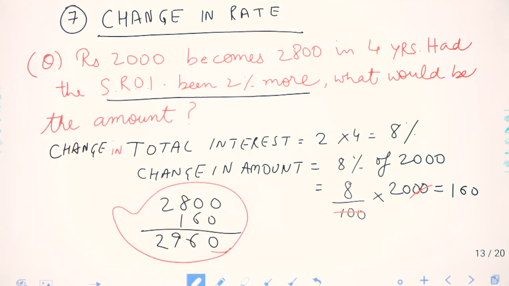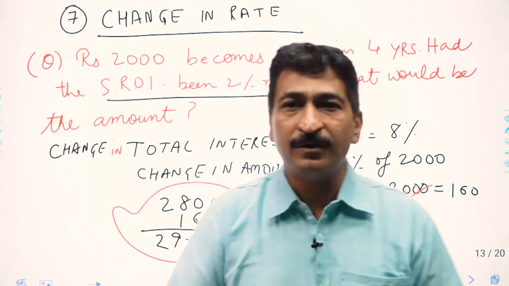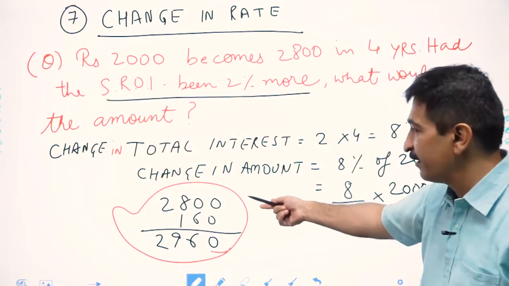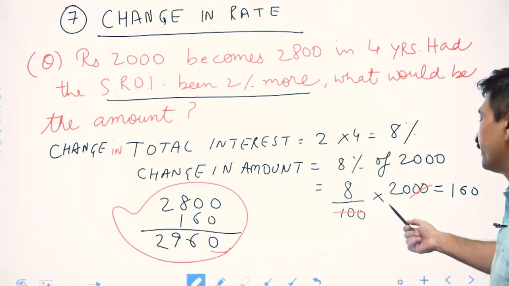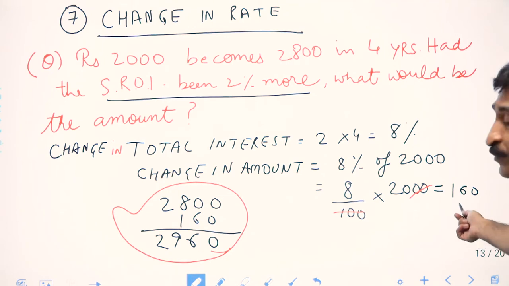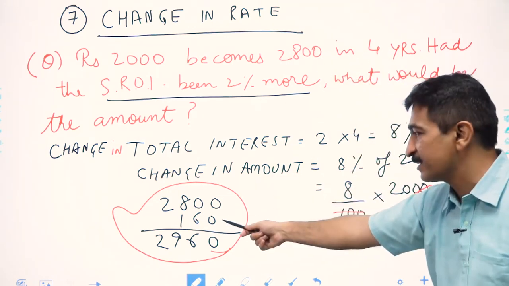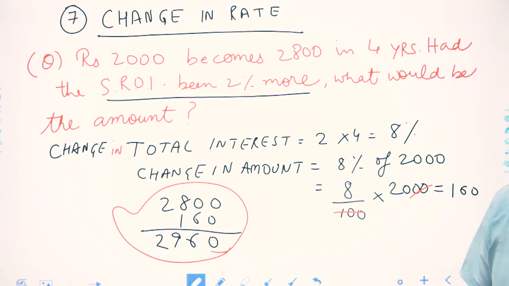So this is how you calculate the new amount. Previous amount was 2800, change in amount is 8% of 2000, which is 160. So 160 more you receive. So 2800 plus 160 is 2960.